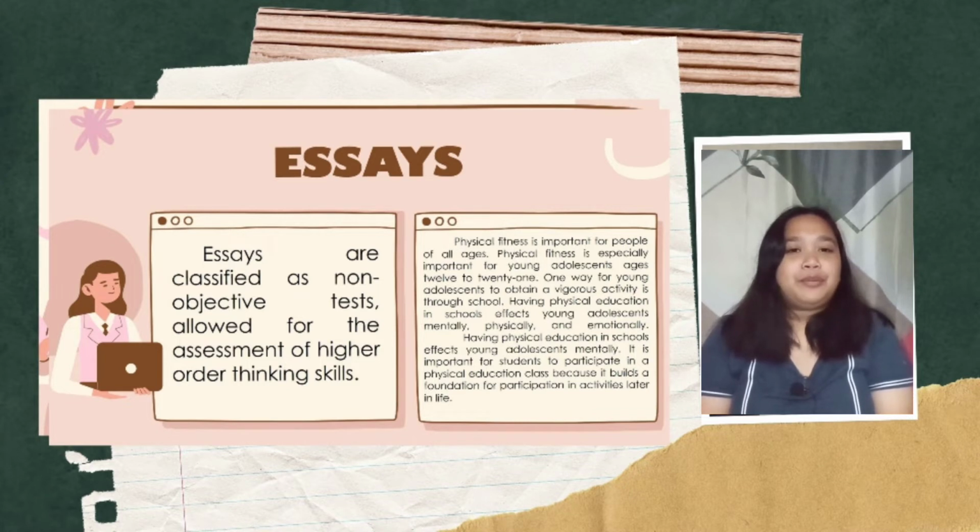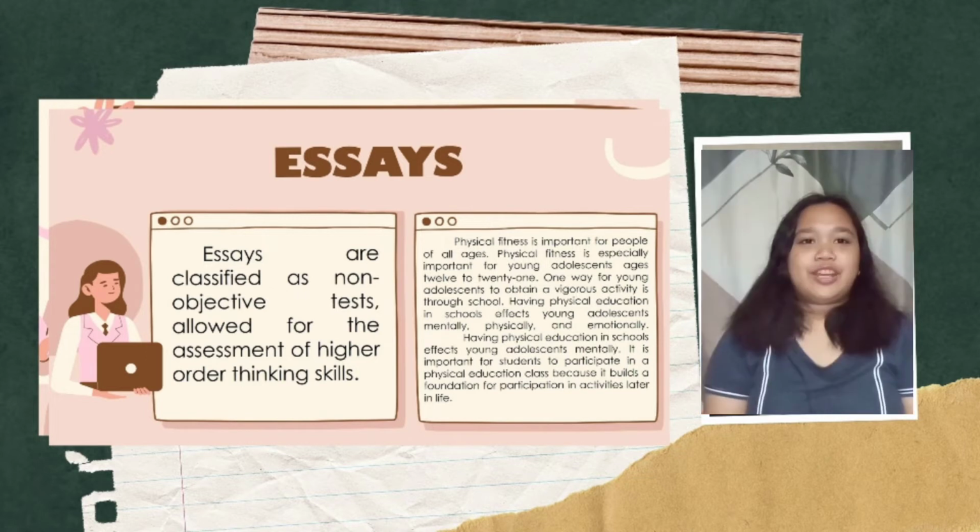We could elaborate on this question to formulate our answers. The example is given right beside the meaning of essay. That was all the types of paper and pencil test assessment.